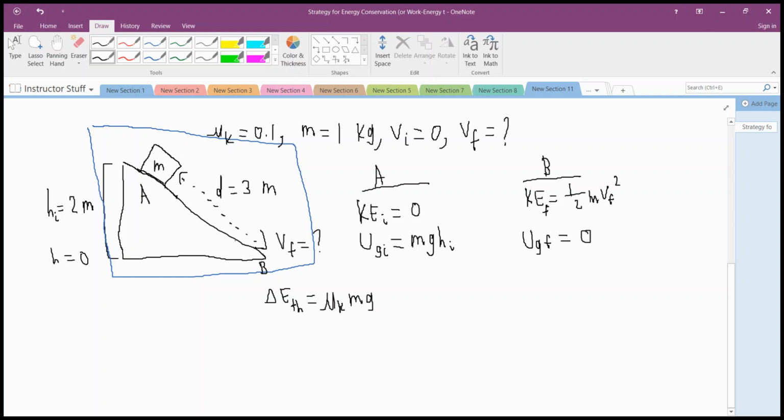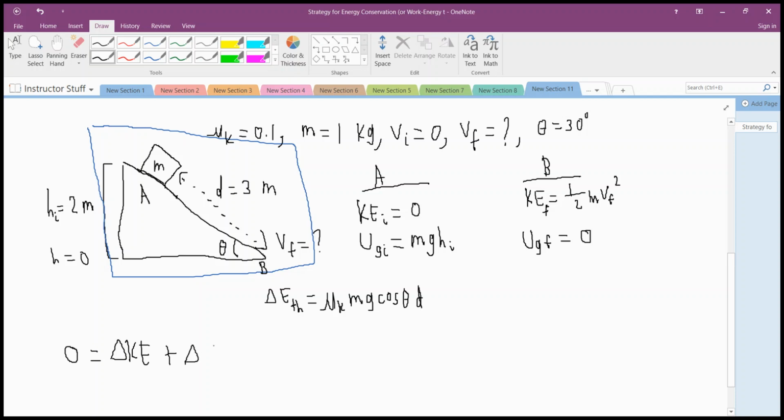So we need some information about this angle here. I'll just make it 30 degrees. Then, as you know from doing this sort of problem in other scenarios, we get mg cosine theta for the normal force of the block. And then we need to multiply by the distance that the block slides from state A to state B, and that's a distance d.